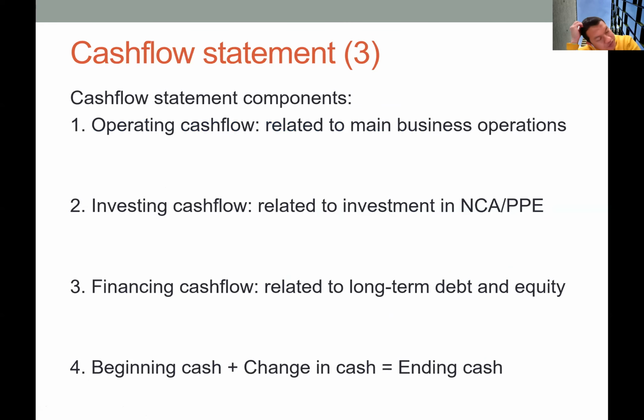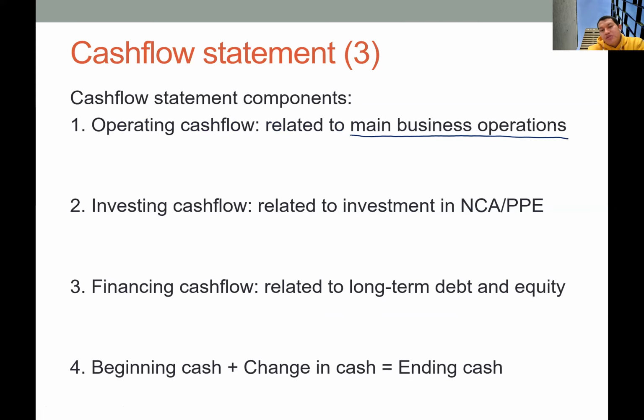Okay, so next let's move to the components of the cash flow statement. So we have operating cash flow. This operating cash flow will capture the cash inflows and outflows from the company's main business operation.